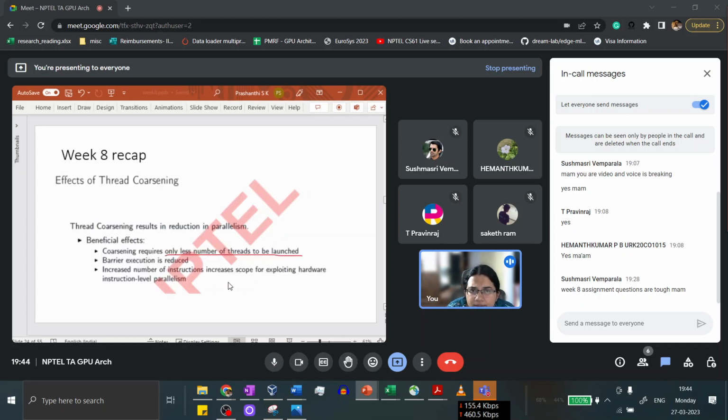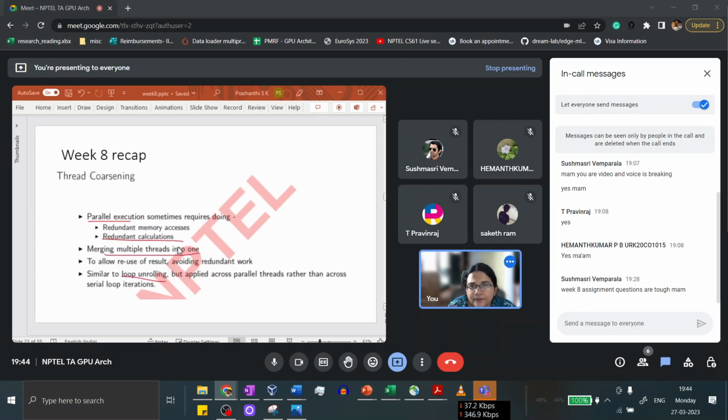But remember that you might not always see a benefit to thread coarsening, again because of these hardware effects, right? If you coarsen a thread, basically you combine multiple threads into one. Because of that, let's say one thread was consuming 4 registers, and now you combine 2 or 4 threads into one. Now it takes 16 registers, right? Now because of this, it might limit how many threads you can run in parallel. Why does it do that?